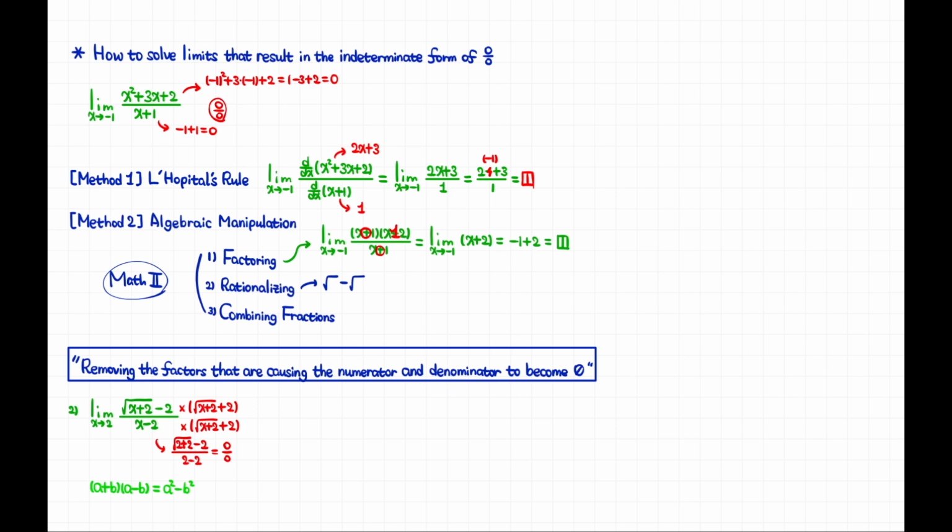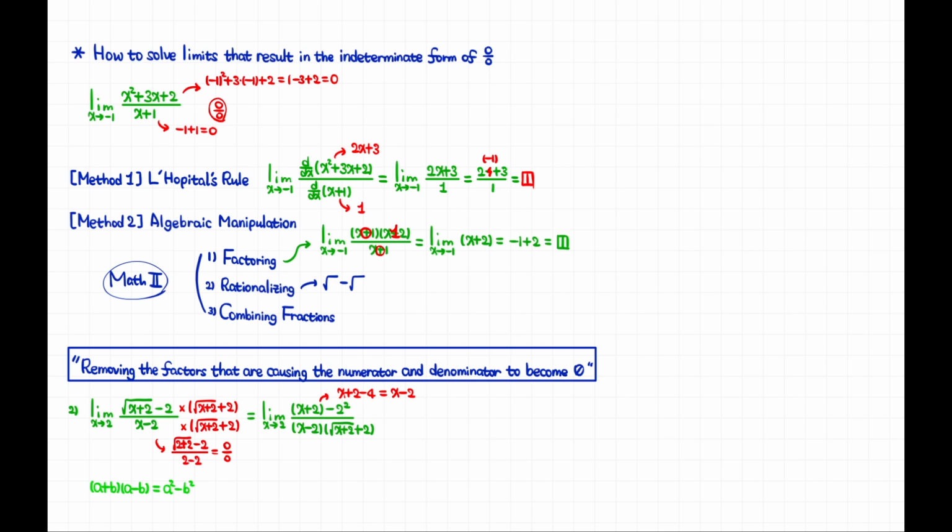So using this, limit x approaches 2, the square root of x plus 2 squared is just x plus 2, minus 2 squared, and the denominator is x minus 2 times root x plus 2 plus 2. The numerator is just x plus 2 minus 4, which is x minus 2.